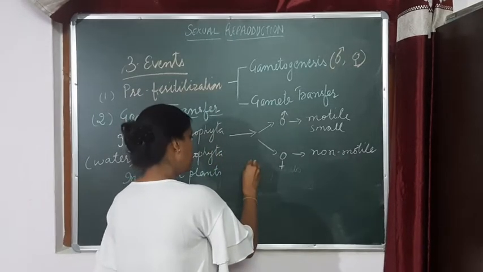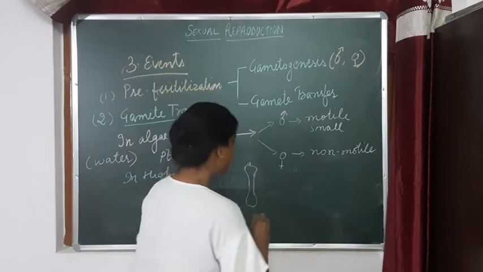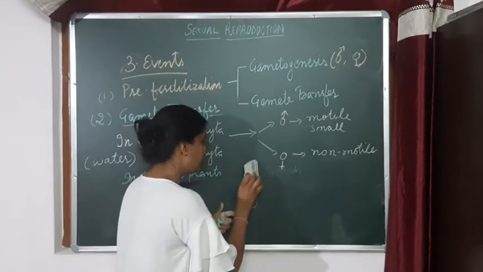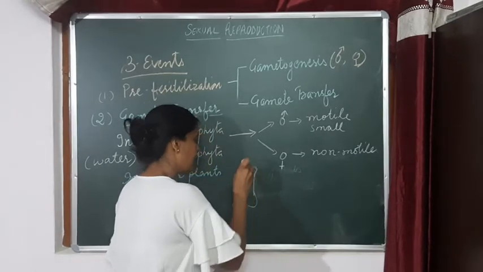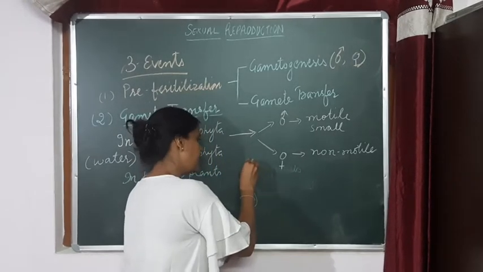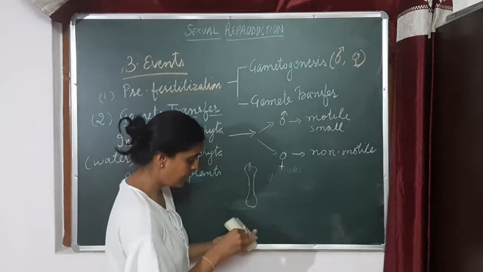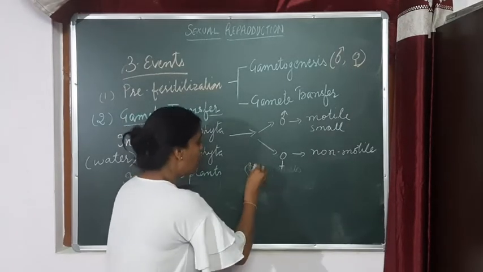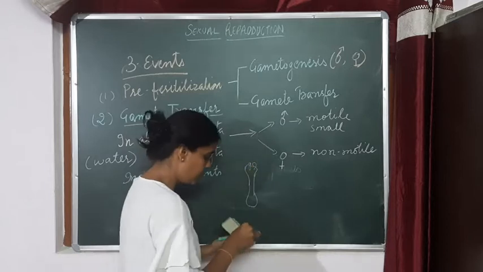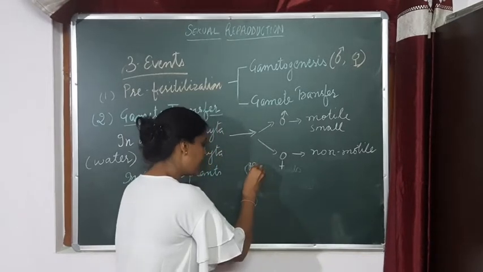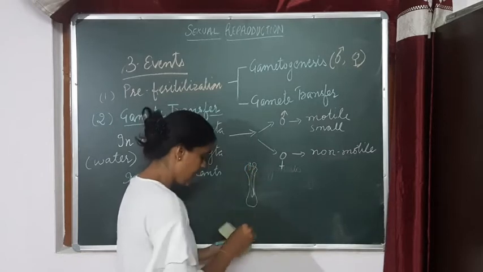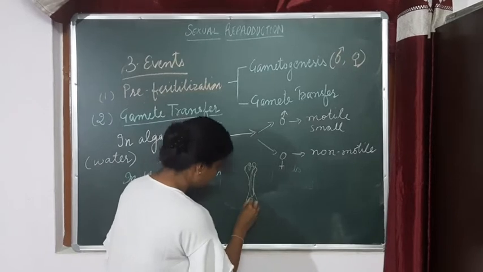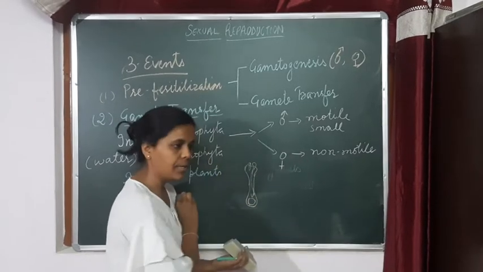The pollen will fall over here and develop a small tube-like structure. The gamete is present in this pollen. This tube will go on developing and it will go like this, and here is present the ovary, right?